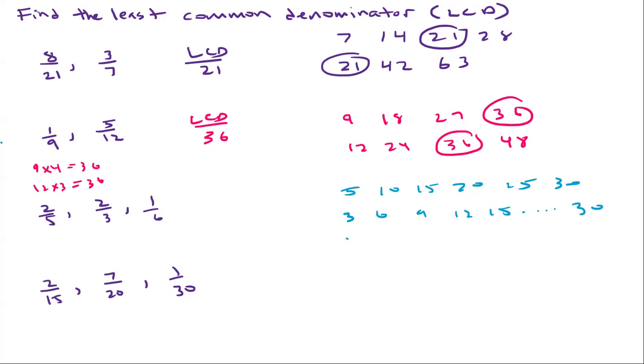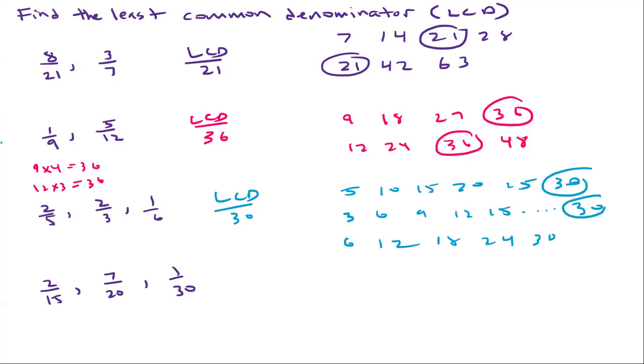And I can do the same thing here. 6, 12, 18, 24, 30. Okay. So notice here that the least common denominator, or the least common multiple, of all three of them is going to be 30. So our LCD is 30.